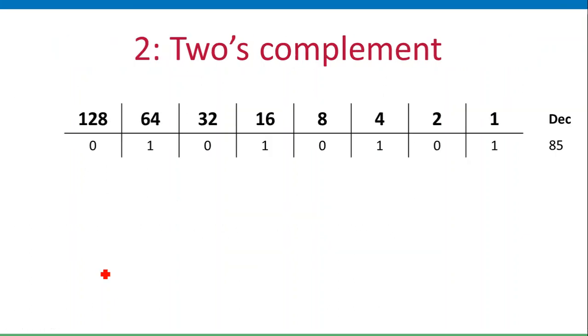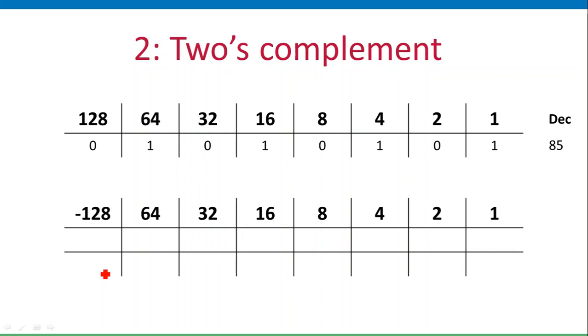The second way of storing a negative number is to use 2's complement. In the bottom table you can see this time the most significant bit is now a number, but it's a negative number. It's minus 128. So if I wanted to store, say, the value 85, I have no minus 128s, but I have a 64, a 16, a 4, and a 1, because if you add 64 plus 16 plus 4 plus 1, you get 85.